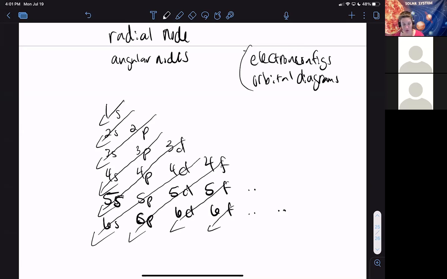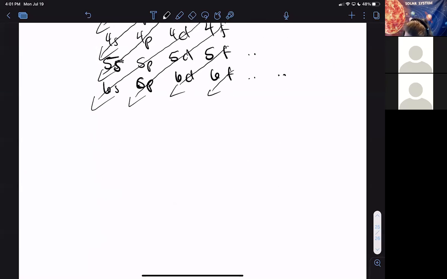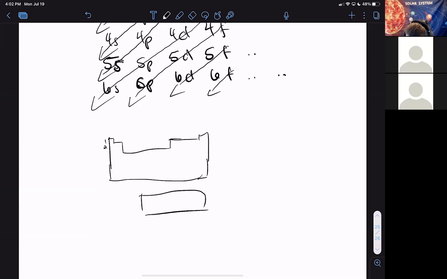As a note, you can also use a periodic table to fill out your electron configurations. That would be 1, 2, 3, 4, 5, 6, 7. This is the S. This is the P. So 2, 3, 4, 5, 6, 7.